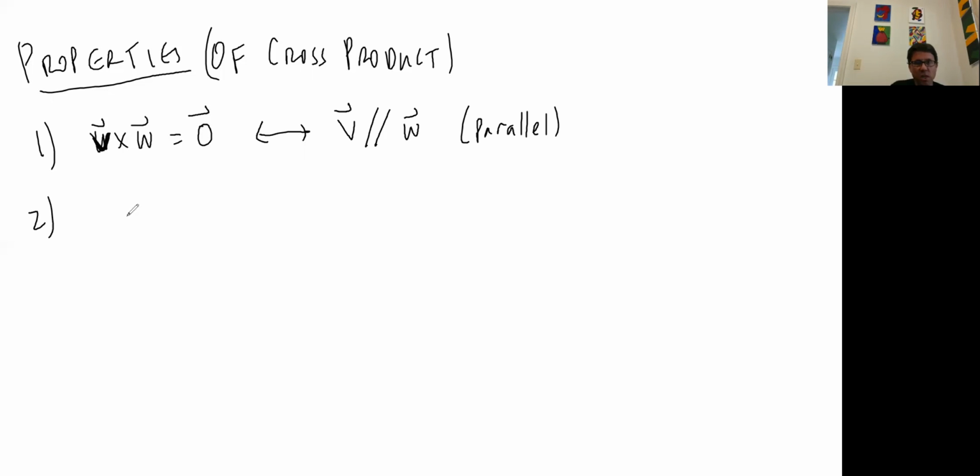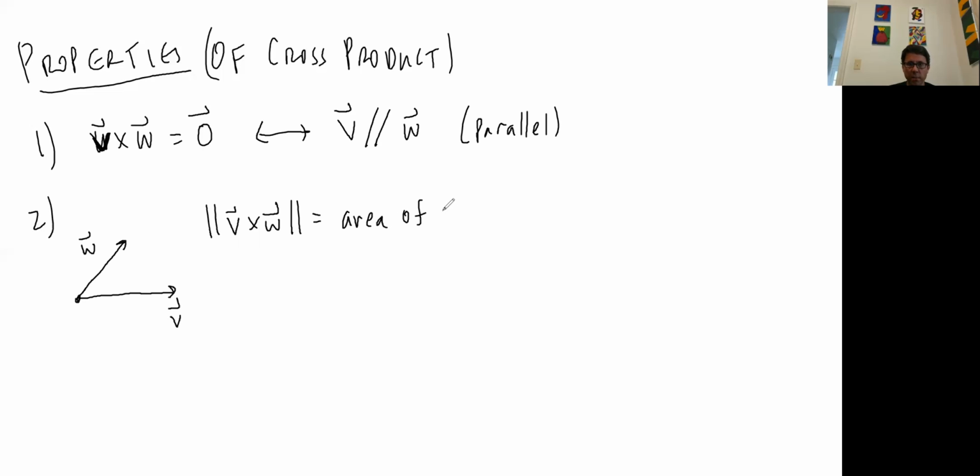What else? I'm not going to derive this, but if you draw a picture where this is V and this is W, and you take V cross W and take the length of that, you get the area of a parallelogram, which is gotten by extending out V and W. I don't think I'm going to prove that one, but it's a nice thing.